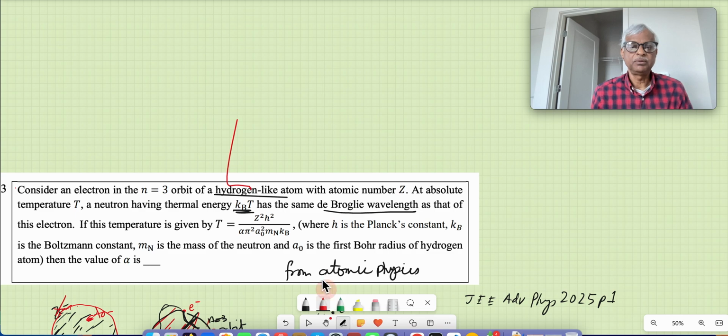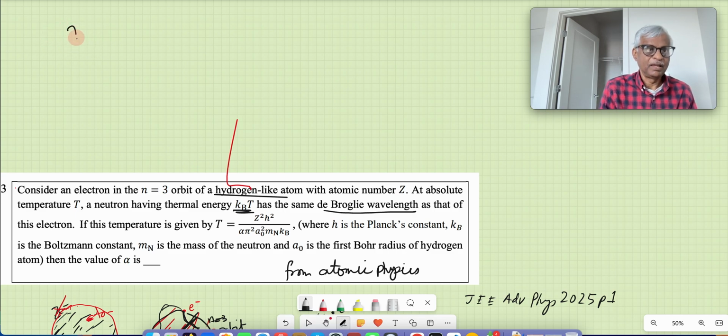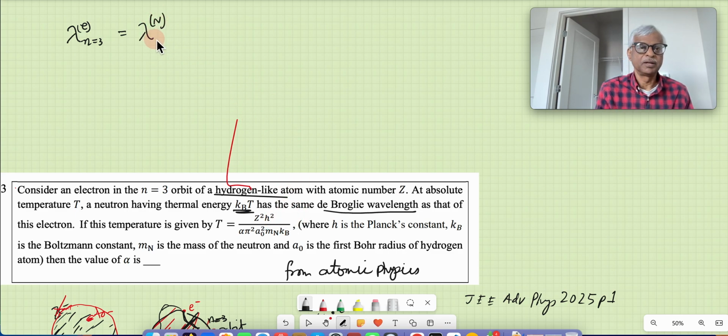Let's do it out. All right, so it's saying that lambda of the electron in the nth orbit, n equals 3, equals lambda of the neutron, with energy, or kinetic energy, equal to kB times temperature.